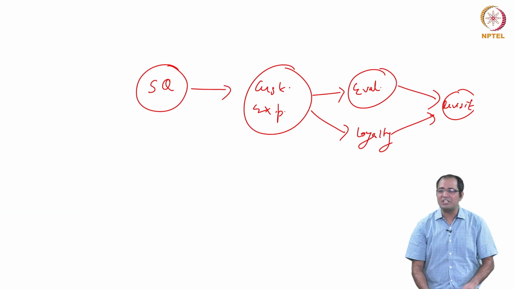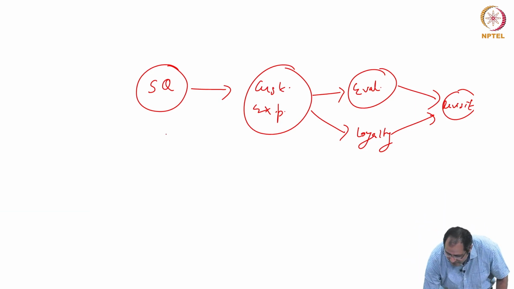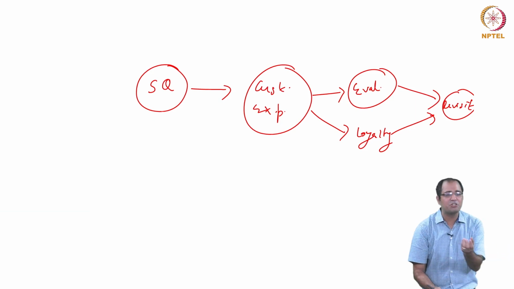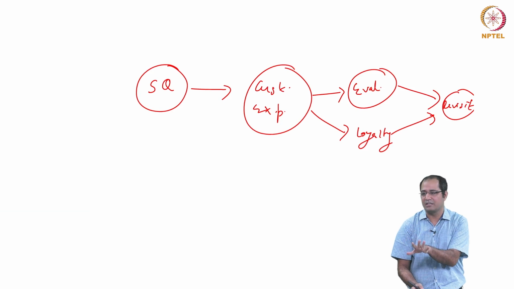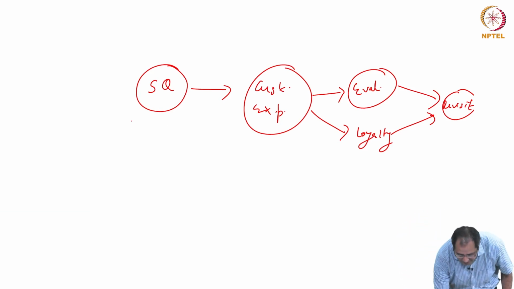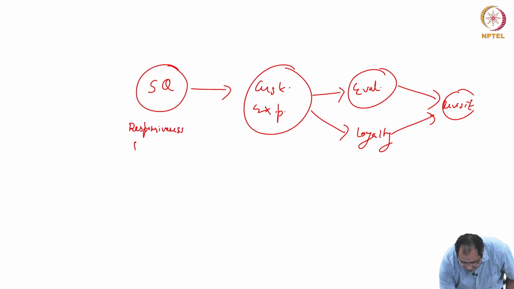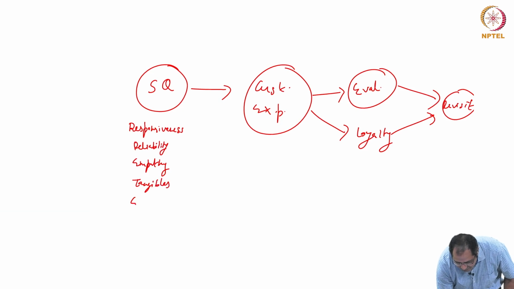Now, service quality theory also says that we need to break down service quality into its constituents that you will get from the theory. What are the variables in service quality? They are responsiveness, reliability, empathy, tangibles, and courtesy, I think.